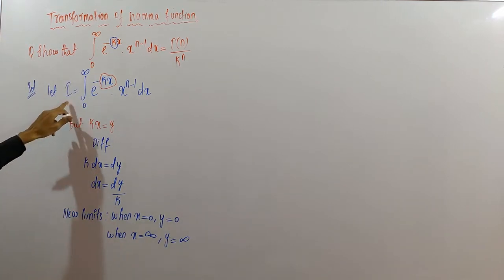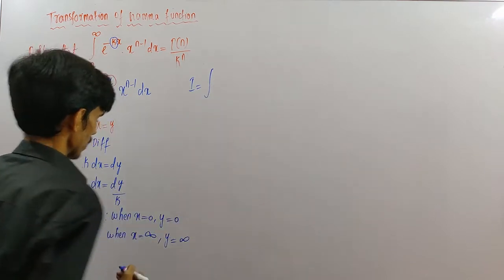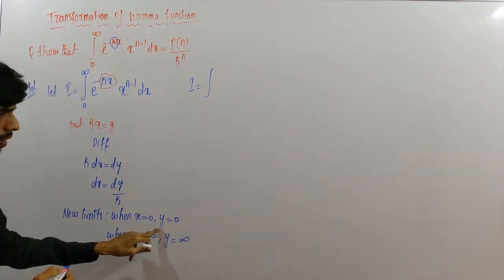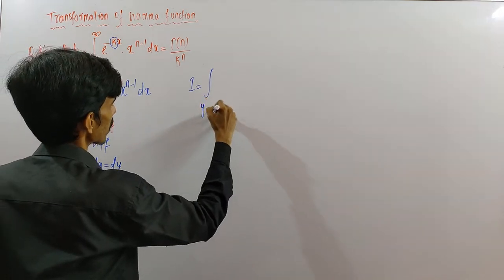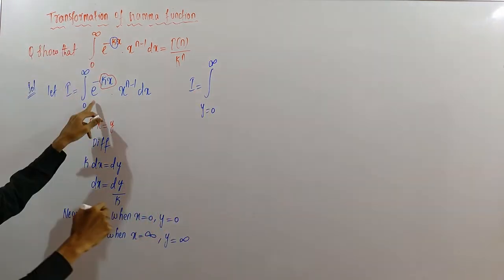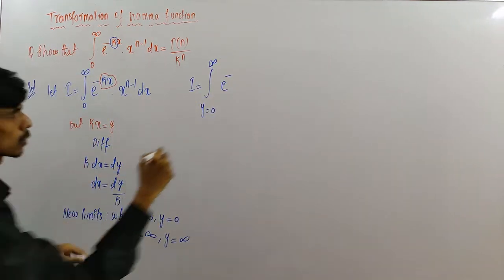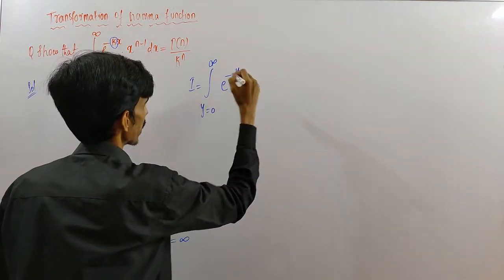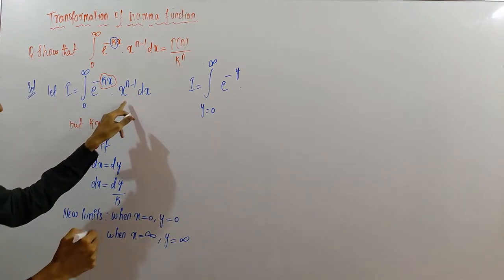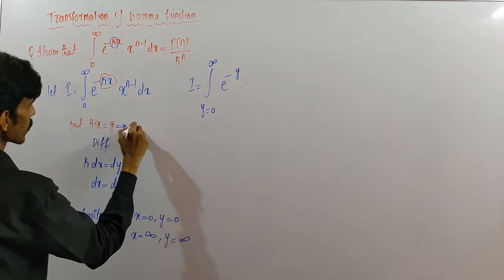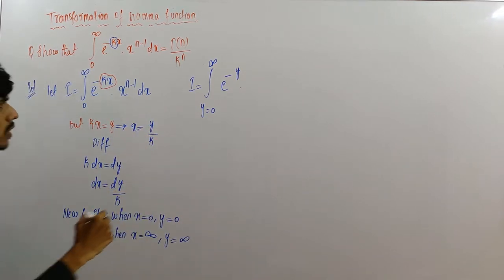Now this integral I, lower limit y equal to 0 to infinity, e power of minus kx value is minus y, into x power of n minus 1. We want x, so get the value of x from here. X value is y divided by k.